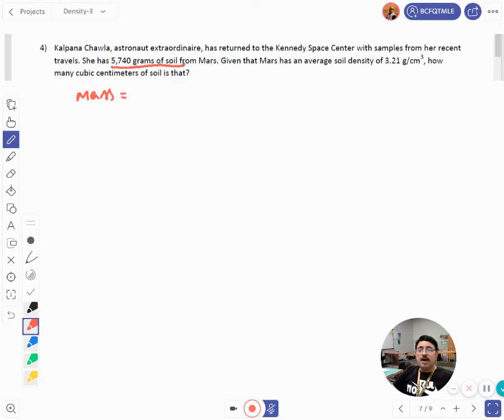So the mass of the soil she brought is 5,740 grams. Given the mass has an average density, let me copy that. Density equals 3.21 grams per cubic centimeter.